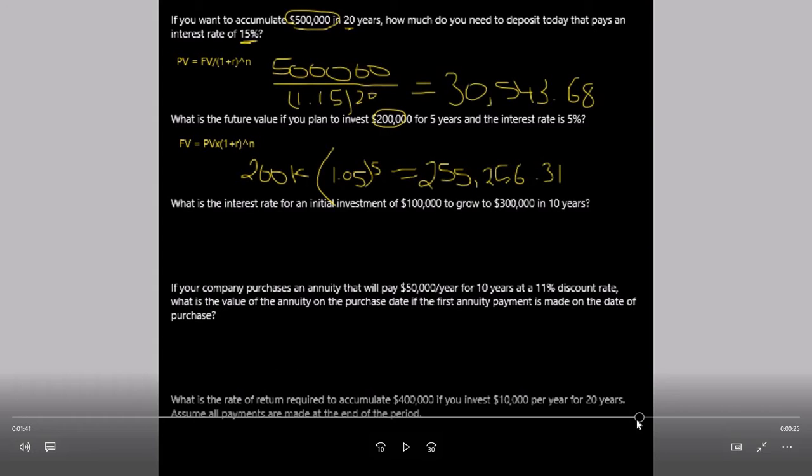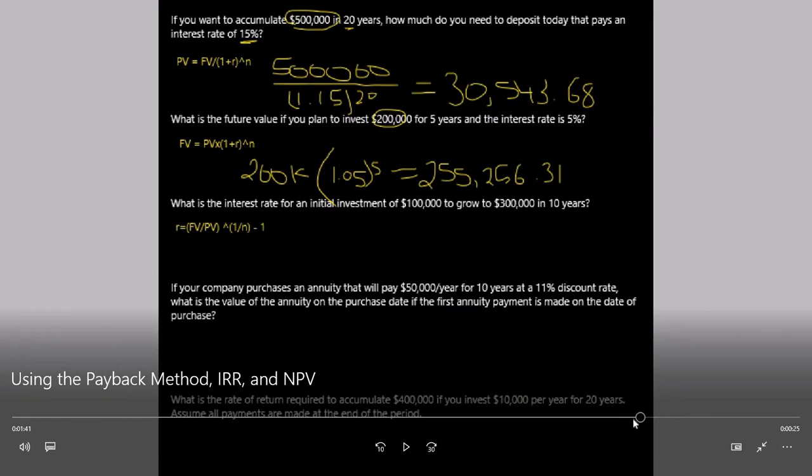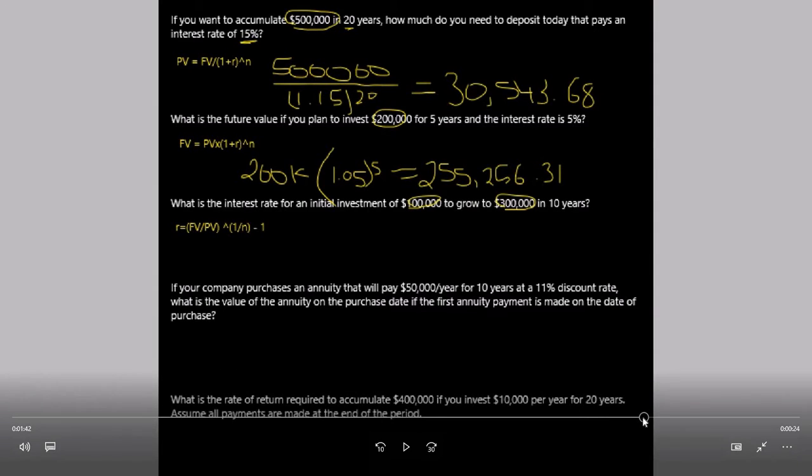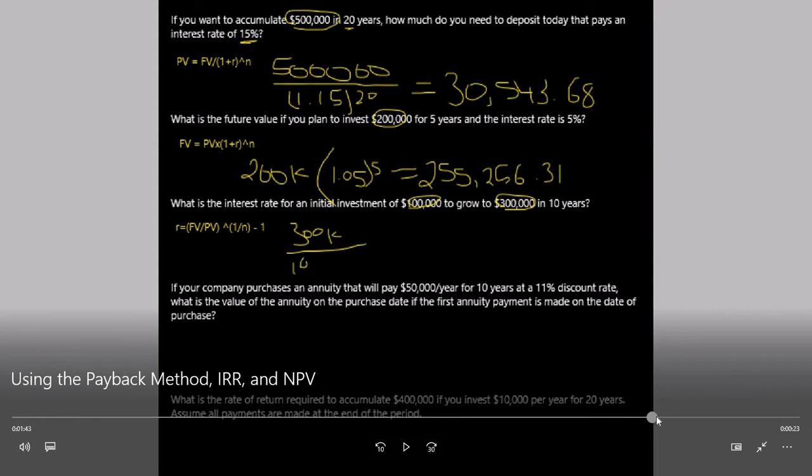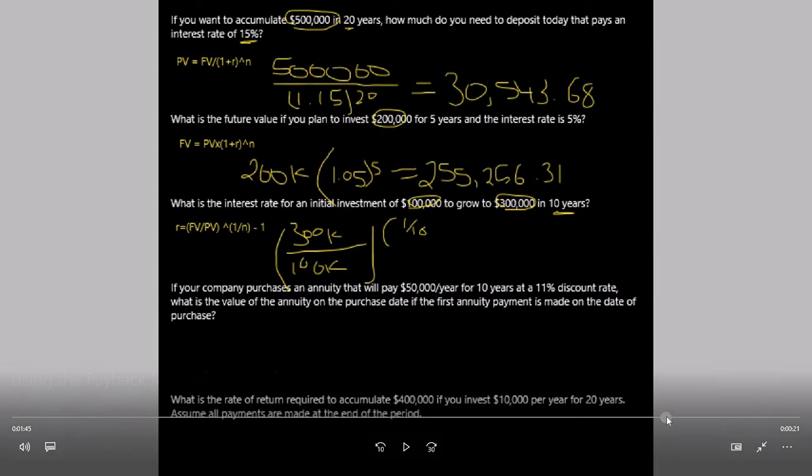Now this one we're looking for the interest rate. So we see here the formula for the interest rate. We plug in what we know. We're looking for a future value of $300,000, a present value of $100,000, term of 10 years. Again, term of 10 years.